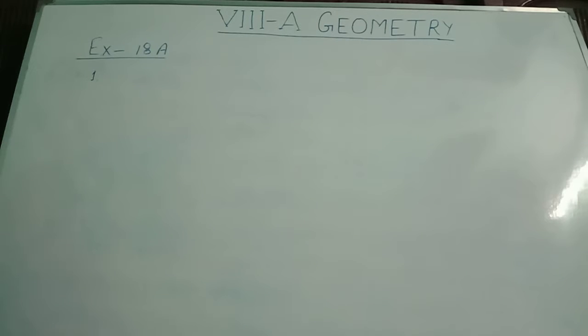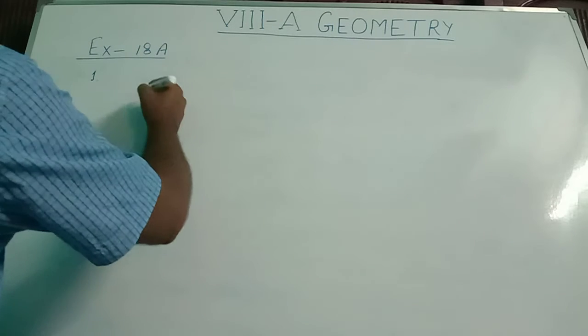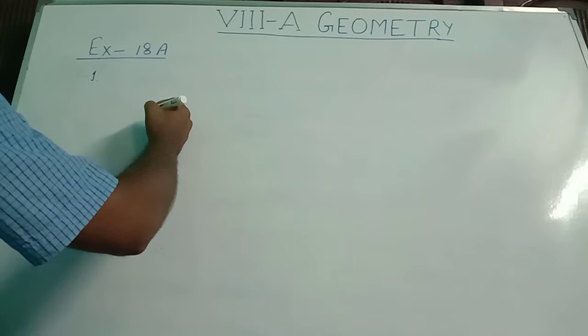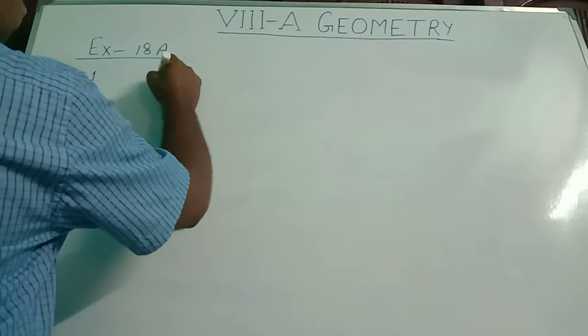Question number 1 says, find the length and the perimeter of a rectangle whose area is 216 centimeter square and the breadth is 12 centimeter. These two pieces of information are given.